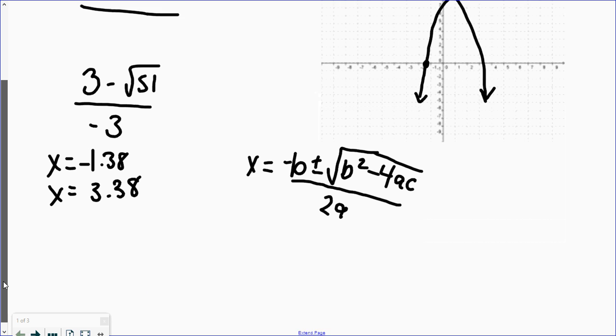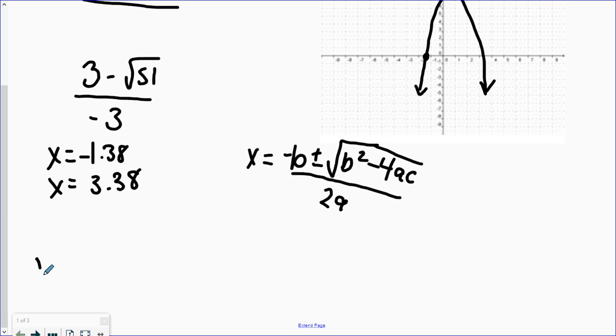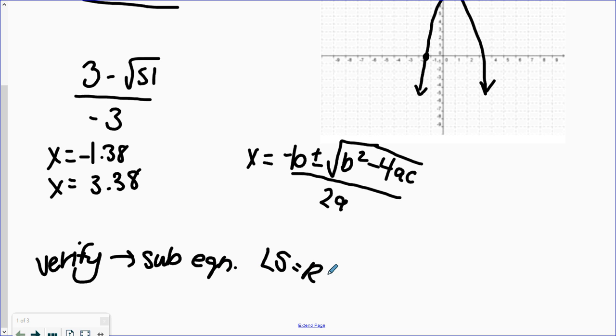And so one thing that you typically want to do is verify both. You can sub them into the original equation. So substitute into the original equation and make sure that your left-hand side of the equation is equal to the right-hand side of the equation. So they should both, in this case, be equal to 0. So 0 is equal to 0. And again, you need to check with both of these.